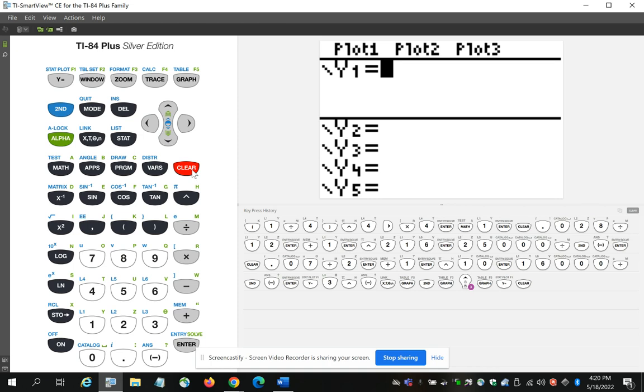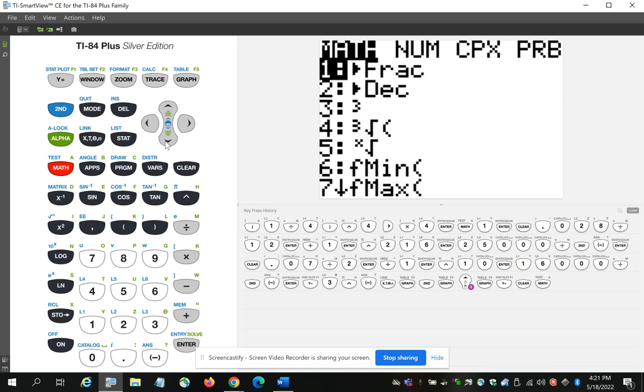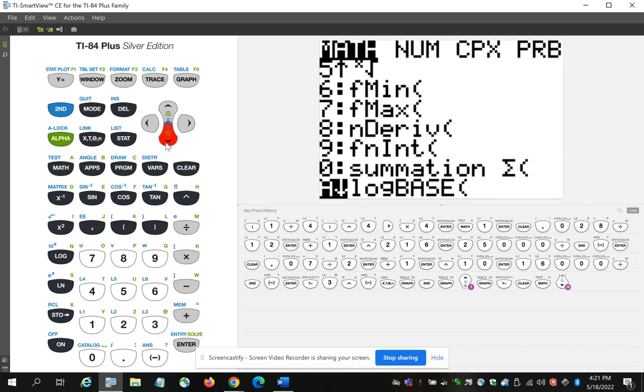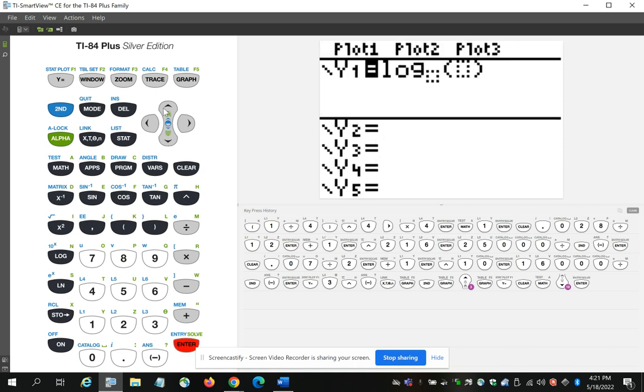Now, to get to a log with a different base other than 10, we go to Math, scroll down to the option Log Base, select it by hitting Enter, and it's log base 3, then arrow, and I want to do negative x. And I'm going to hit Graph.